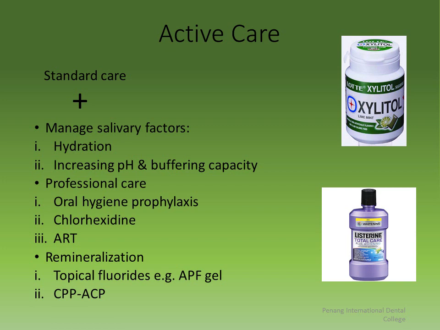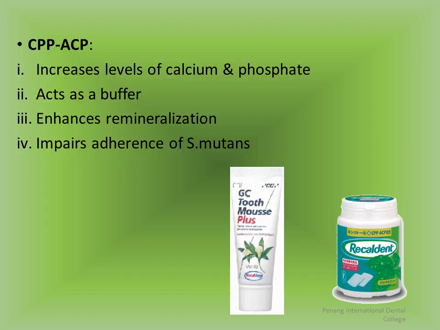So you do your prophylaxis, then you use your fluoride gels, you can apply fluoride varnishes, you can recommend your tooth mousse, chlorhexidine as a mouthwash, and you even get chlorhexidine as a gel which you can apply on the tooth surface. And then of course we have our ART, that is your atraumatic restorative treatment. So that can be your pit and fissure sealants and your glass ionomer cement restorations as well. And this was of course discussed in the previous slides.